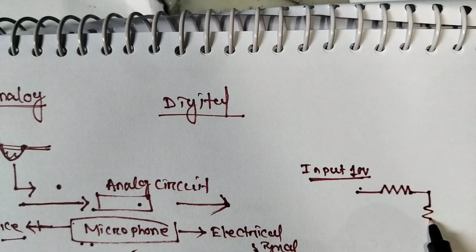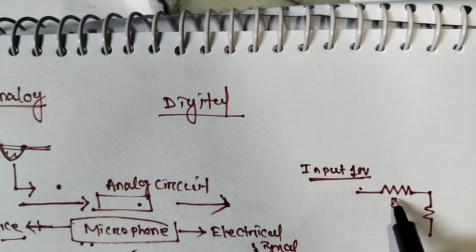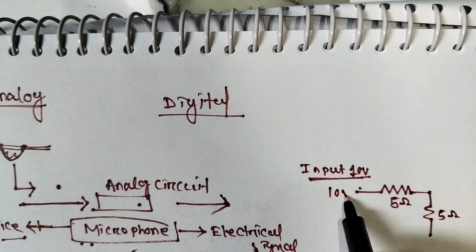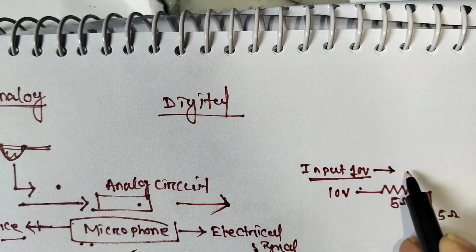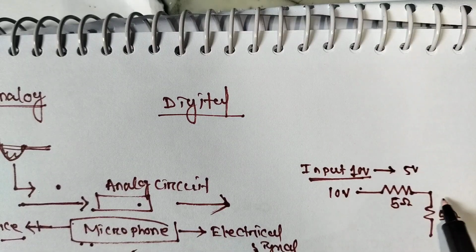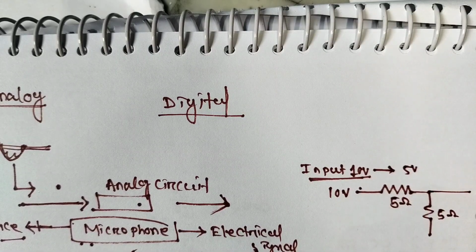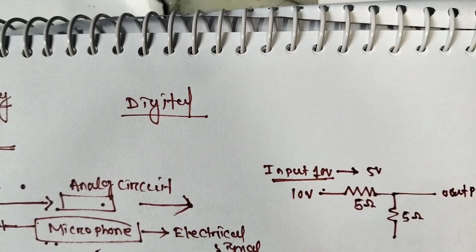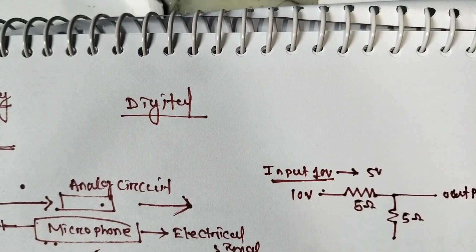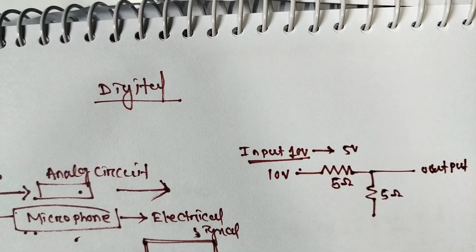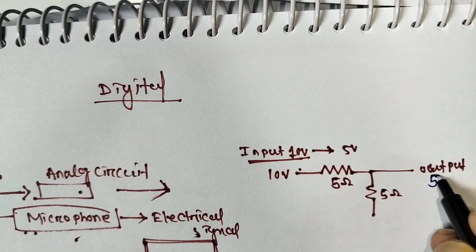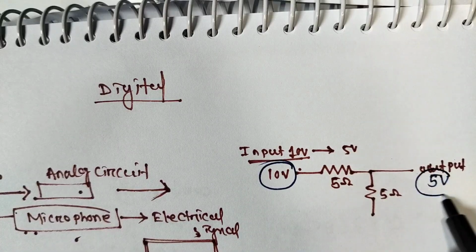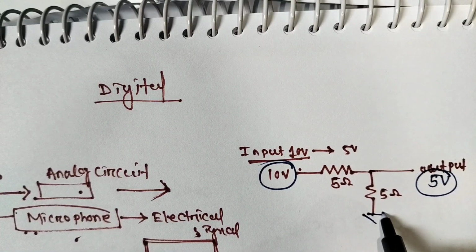For that I am going to use a 5 ohm resistor and another 5 ohm resistor. I give 10 volt, and our requirement is 10 volt to 5 volt, so here I can get an output of 5 volt. Here our input is 10 volt. This is the ground.